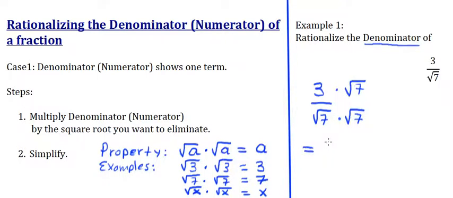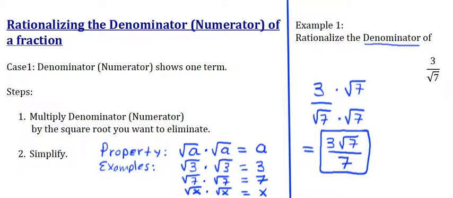This is equal to 3 times the square root of 7 over the square root of 7 times the square root of 7, which is just equal to 7 based on the property we explained before. Now make sure that your answer is expressed in simplified form. That's step 2. And here you're looking at the final answer.